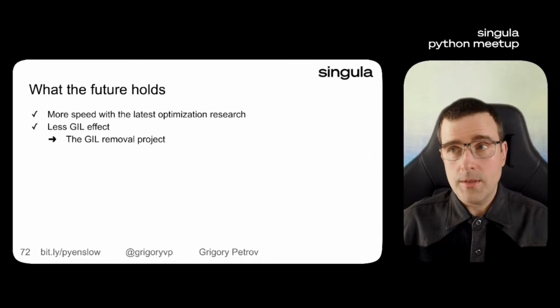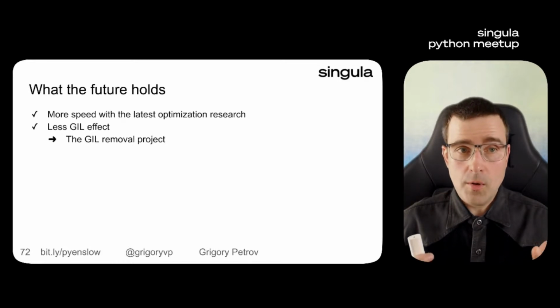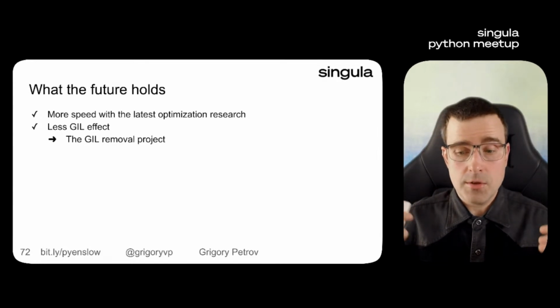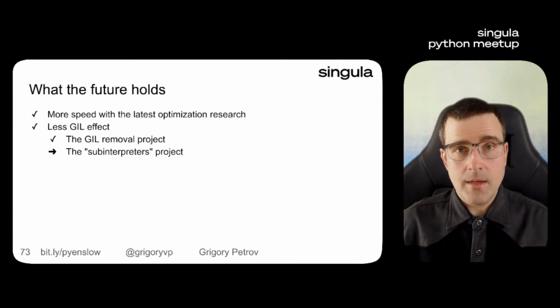First of all, it's the GIL removal project, which will be available in a few years. It's a work in progress right now. And secondly, it's the Python sub-interpreters, which will land at the end of this year in version 3.12.